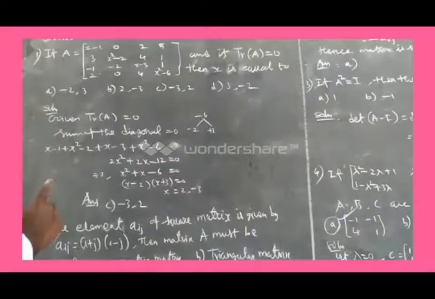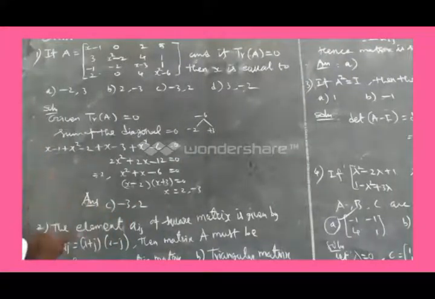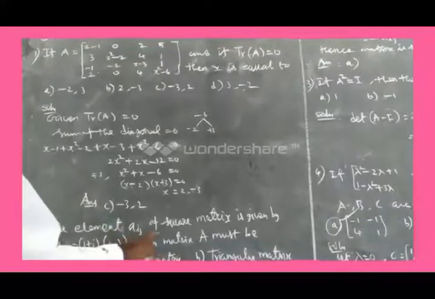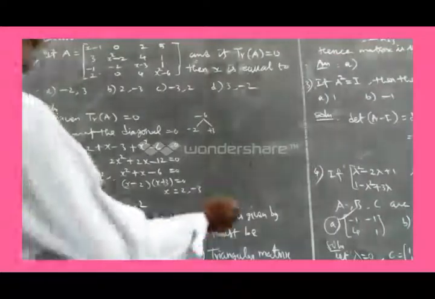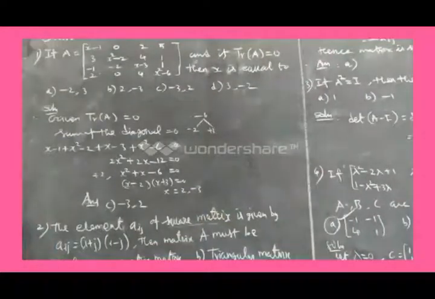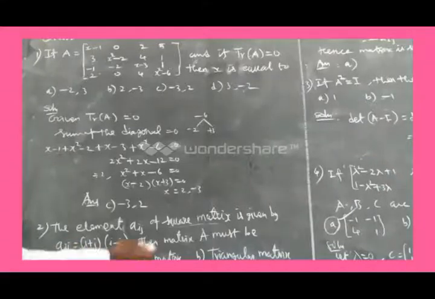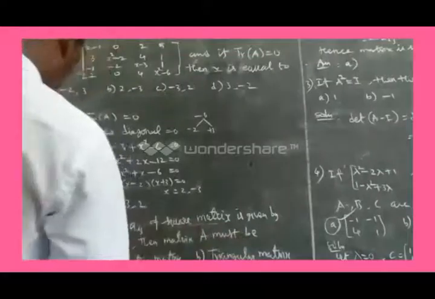So, given the question, we should read the question. The elements Aij of a square matrix is given by Aij equal to (i plus j) into (i minus j). Then the matrix A must be.